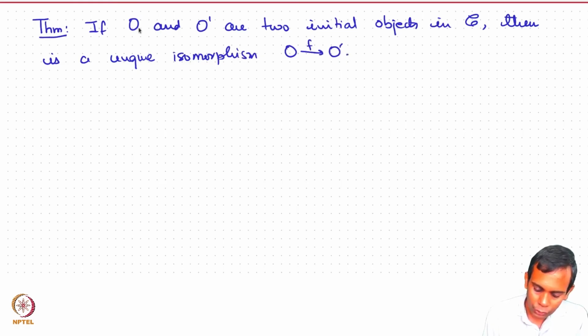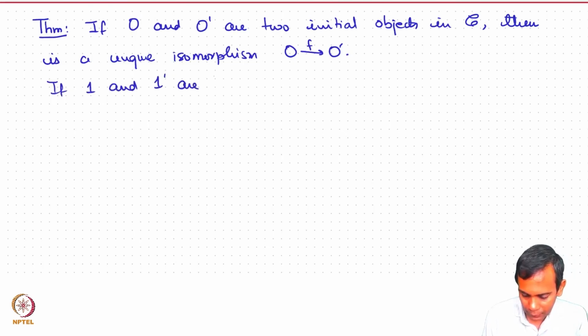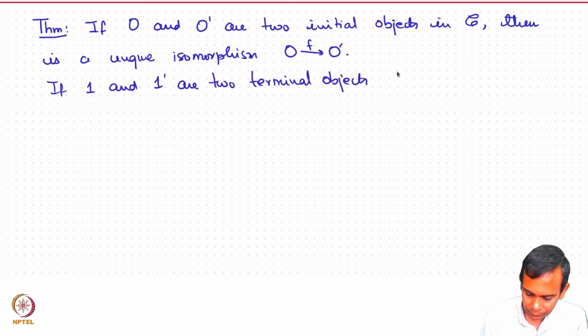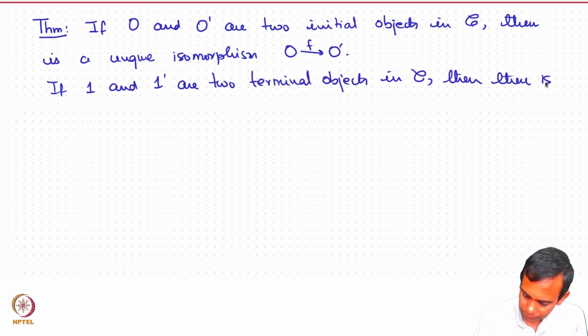And similarly, it's true of terminal objects. If 1 and 1 prime are two terminal objects in C, then there is a unique isomorphism between them.